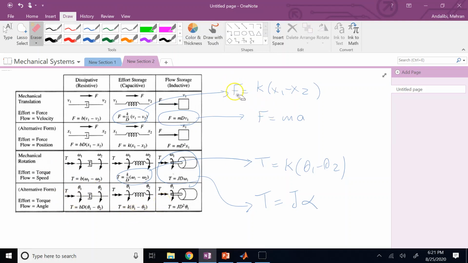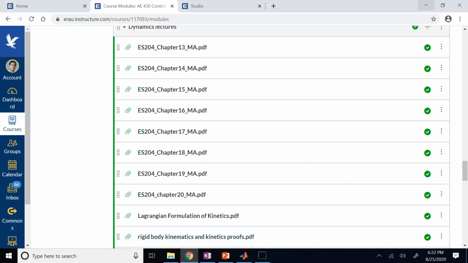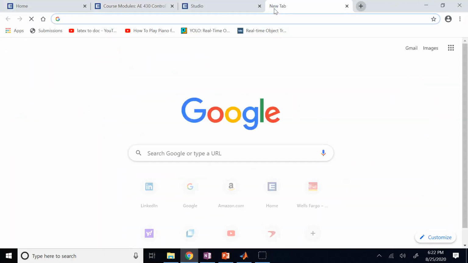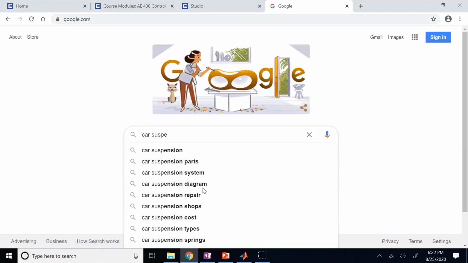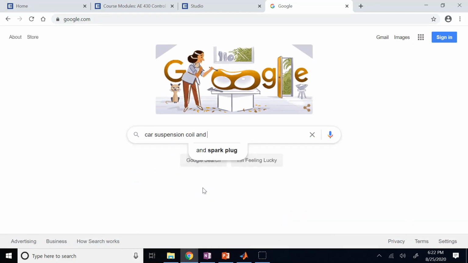By the way, I guess everybody knows what a linear spring and a linear damper are. As I mentioned in car suspension, the spring is the linear spring, and then the shock absorber is a linear damper. So car suspension: coil and shock absorber.